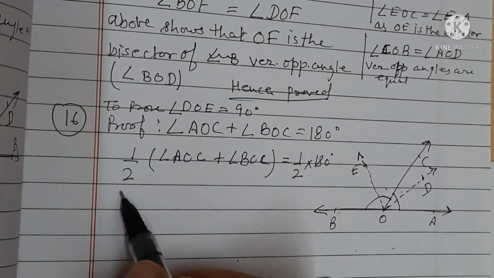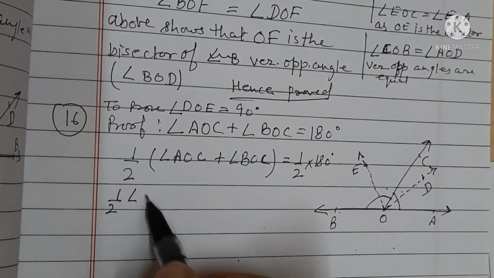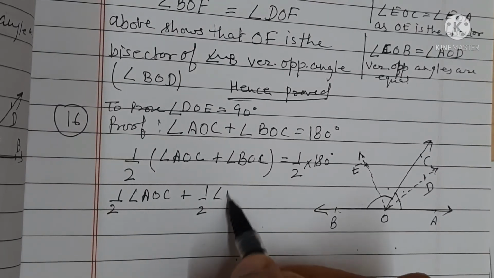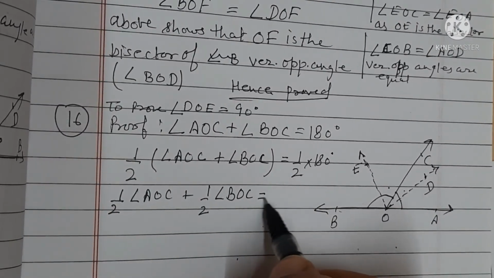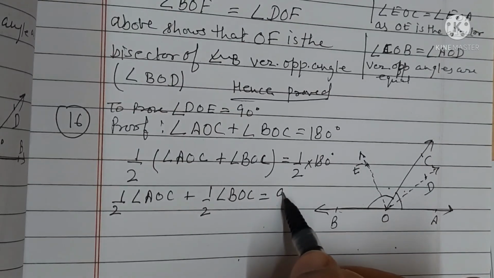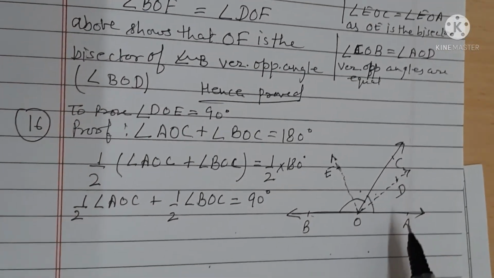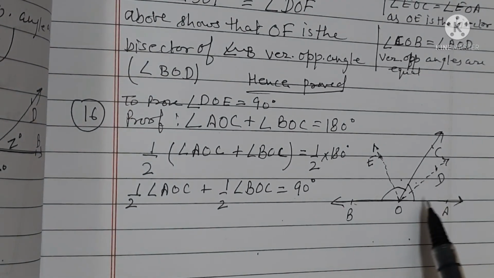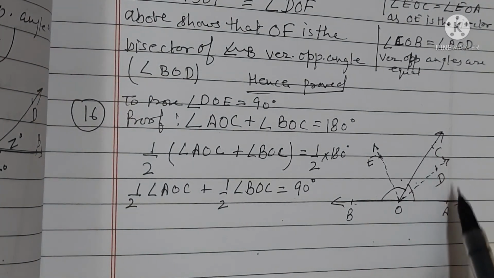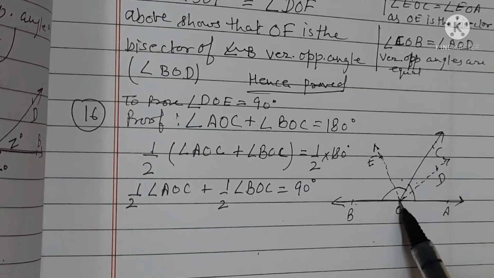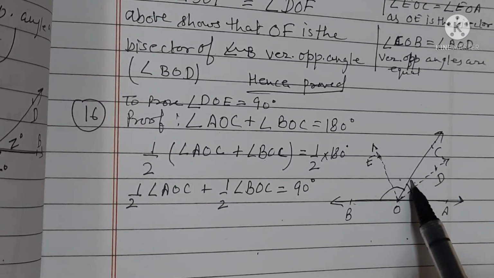So this becomes half of angle AOC plus half of angle BOC is equal to, cut it, you will get 90 degrees. And what is half of AOC? See the half of AOC. This is AOC, and half of this means this is the bisector OD. Half part is this.